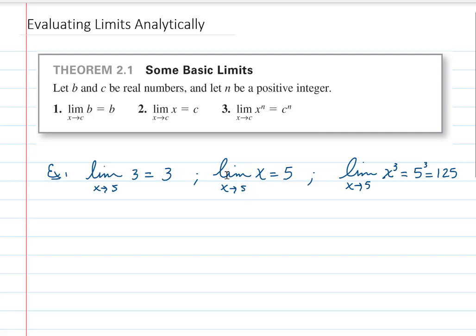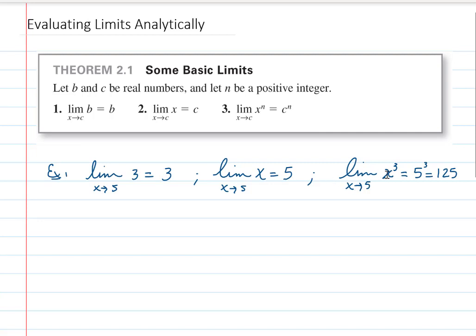If we take the limit of x as x goes to 5, then the answer is going to be the actual limit point, right? This is what we call in algebra the identity function, where the input and the output are the same. So it's like you're plugging that 5 in for x.